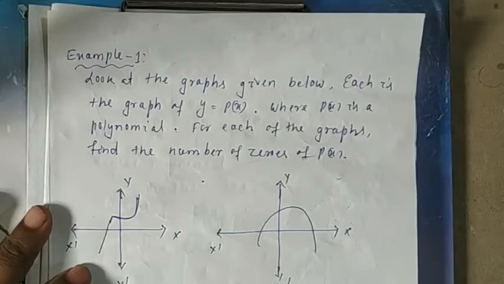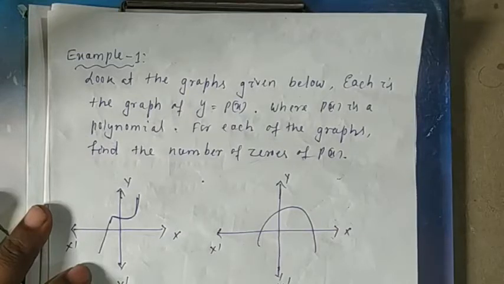about the zeros. Similarly, the cubic polynomial also has at most 3 zeros. Remember, a cubic polynomial has at most 3 zeros.